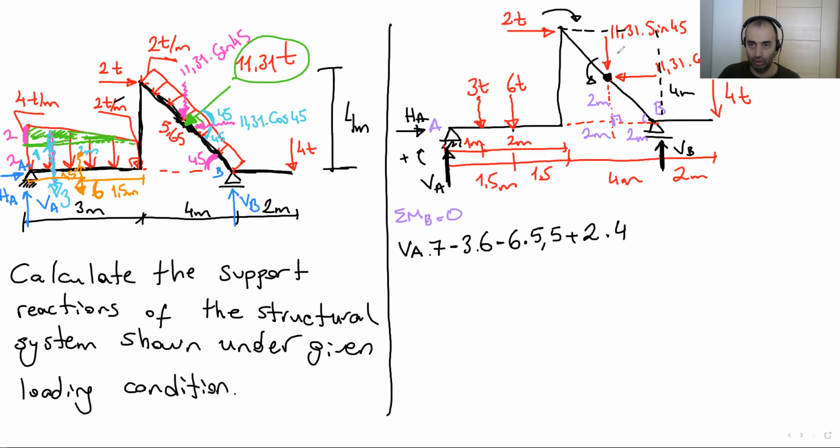So here we go, negative 11.1 sine. This is the force times the distance, which is 2 meters.